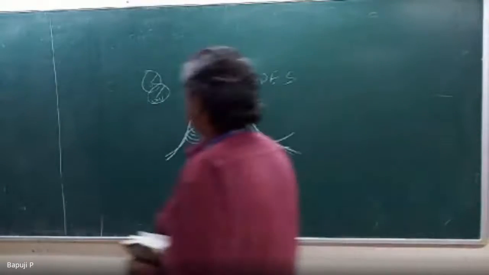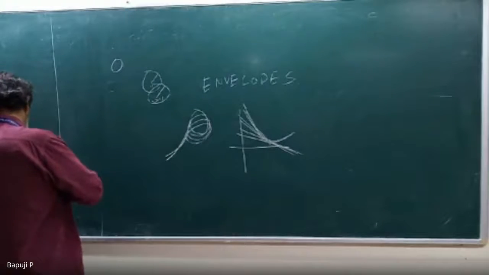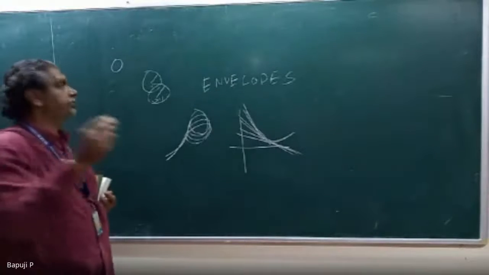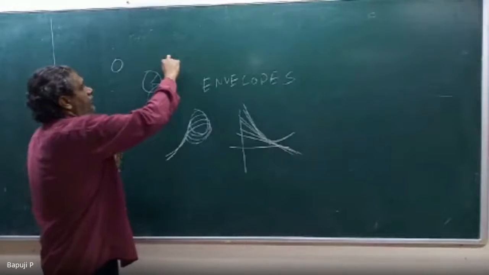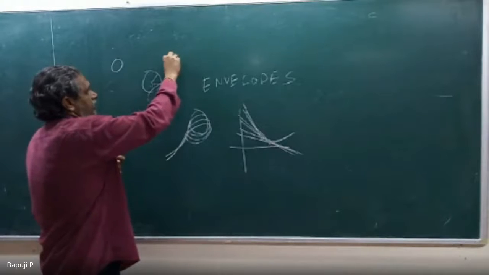Suppose you slide this 1 rupee coin down slowly, keeping it in your hand, or take a very small 5 rupee coin. This time keeping it here, this time moving it like this. First this curve, next like this.